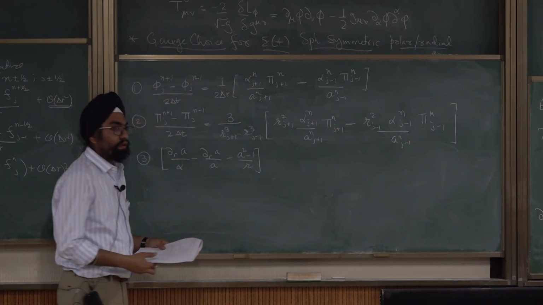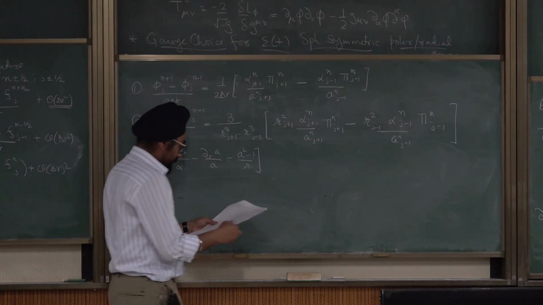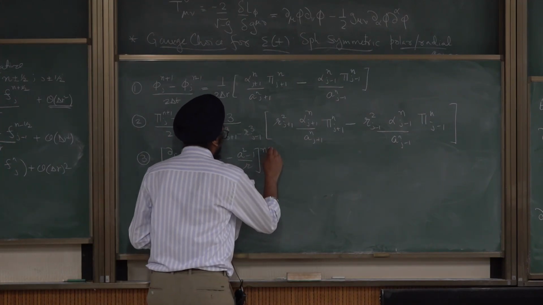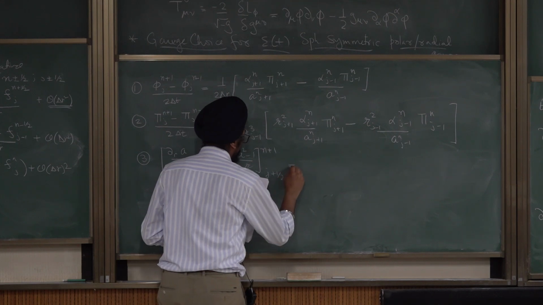Since we know that this is true for all times, therefore it is true for n plus 1, j plus half equal to 0.